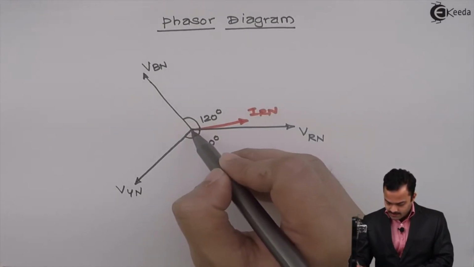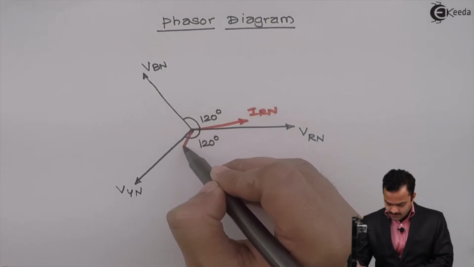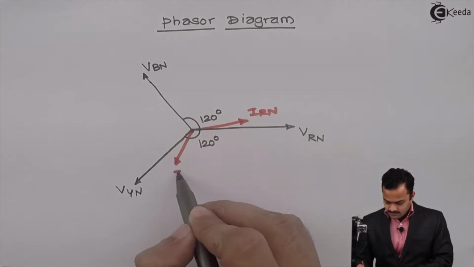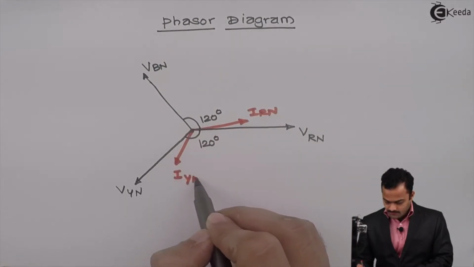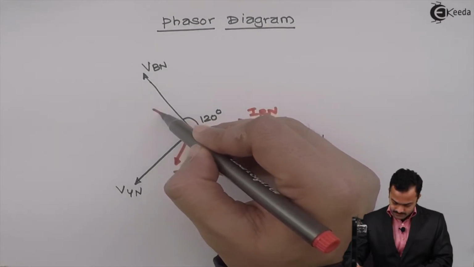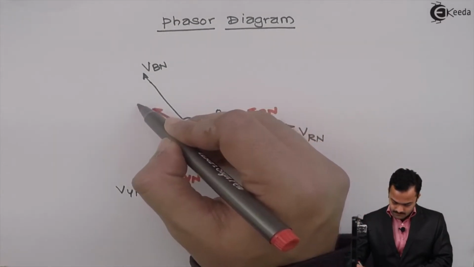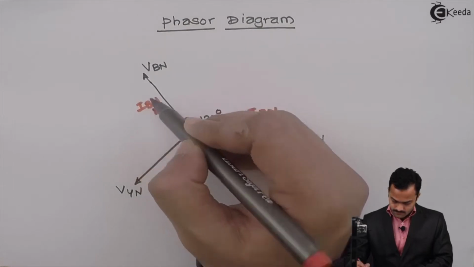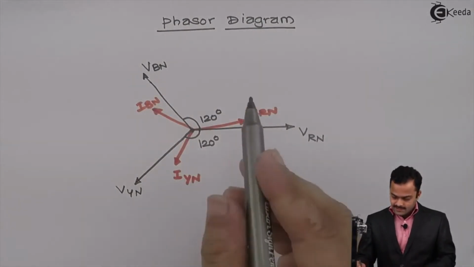In the same way for VYN, it will lead by angle phi. And the same is the case for VBN also. So this angle is phi.